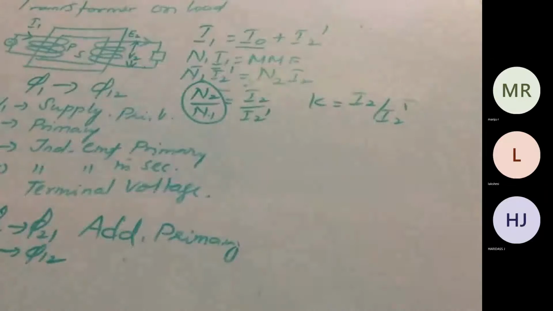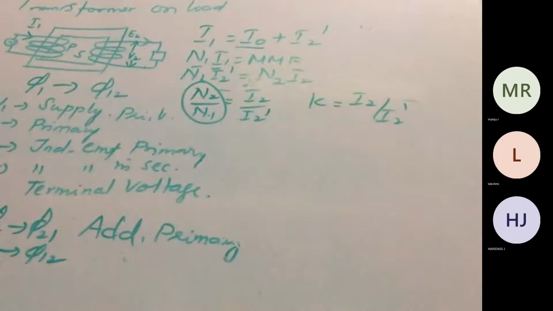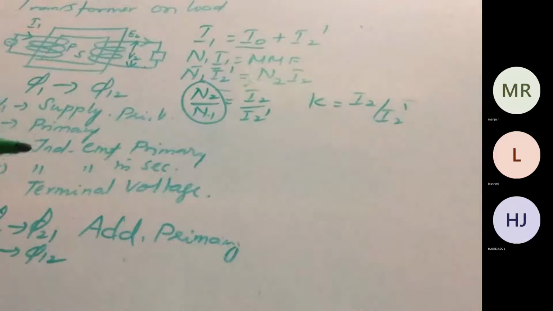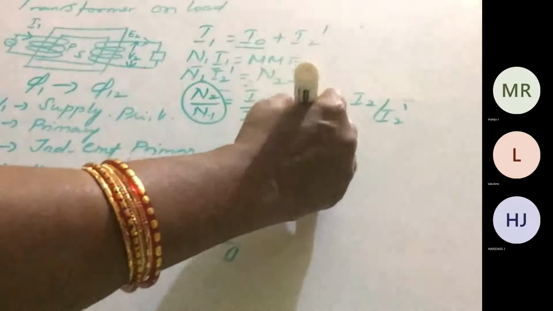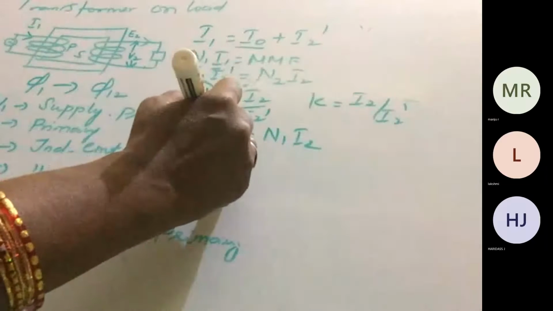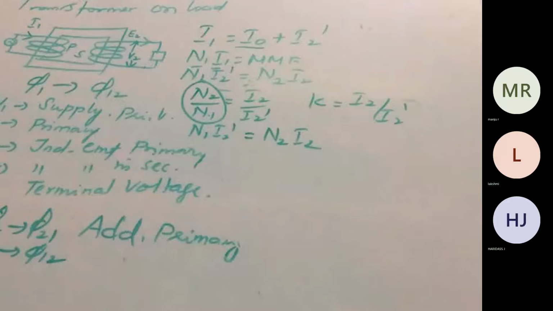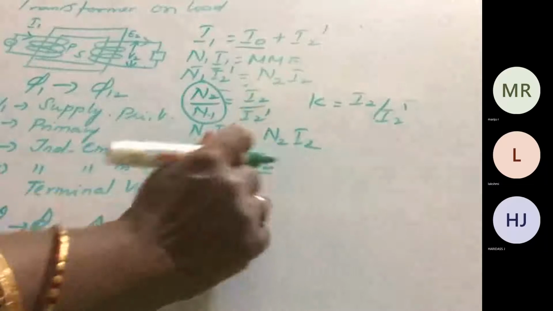So N1 into I2 dash equals N2 into I2. In this condition we represent K equal to N2 by N1, the turns ratio.